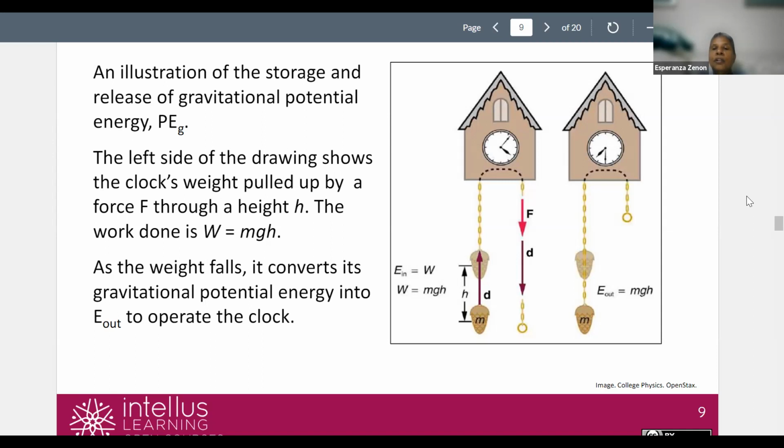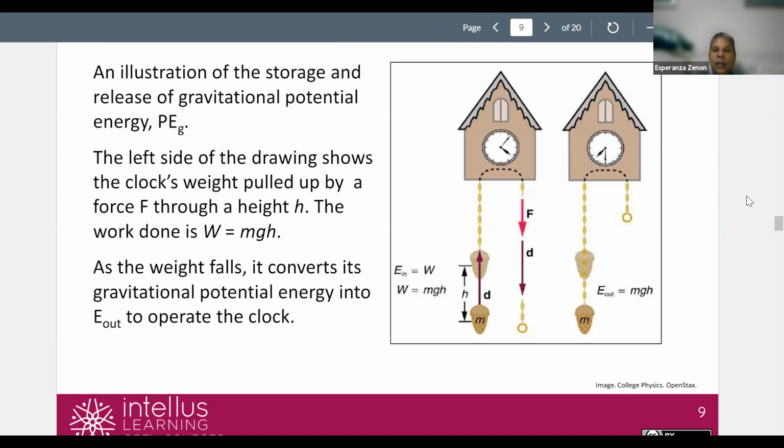And as you pull the chain down through a displacement D, the bob goes up through the same displacement D. But notice the directions, right? The size of that displacement is the same, all right? And that displacement has a size H, the height that it moves, H.